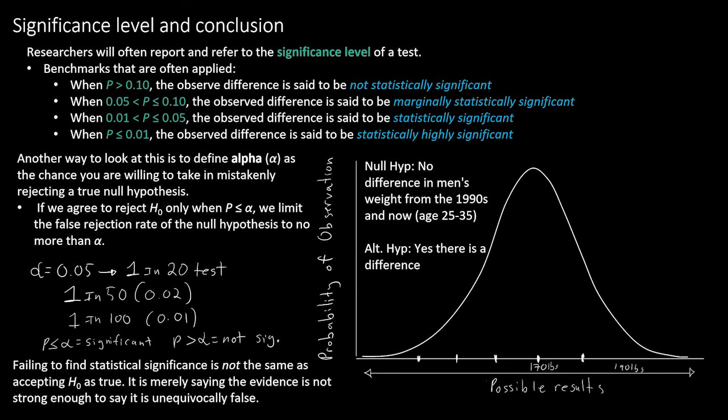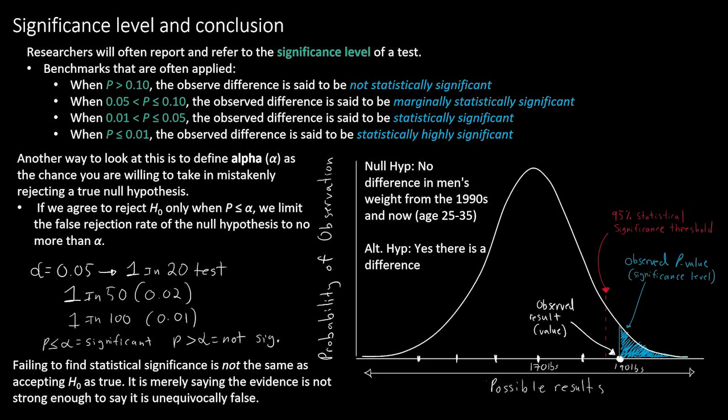If we then set our alpha to 0.05, which let's say is here on this red dashed line representing our 95% statistical significance threshold, we then observe a result here. And we calculated a p-value for our statistical test that resulted in a p-value in this shaded region, the area to the right of the observed result. For this example, we can just say that the p-value is 0.03, which is less than our alpha, our significance level of 0.05. So this is a significant result.